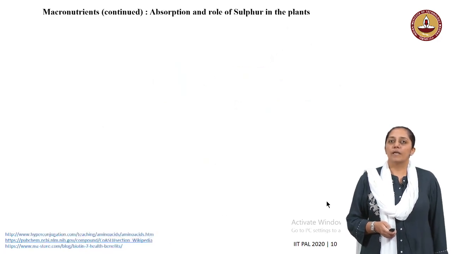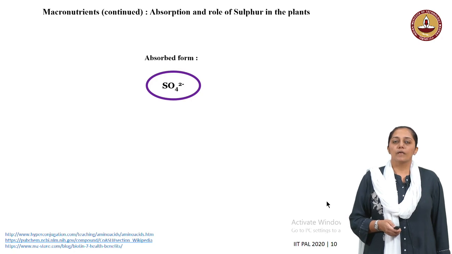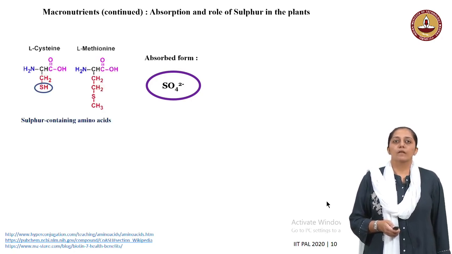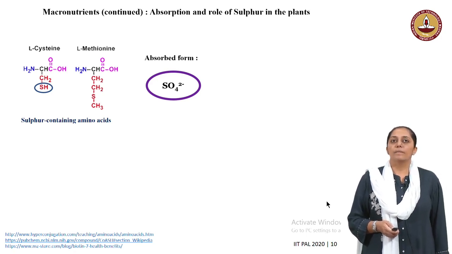Now, how is sulphur absorbed in the plants and what is the role of sulphur? Sulphur is absorbed in the form of sulphate ions. There are sulphur containing amino acids like cysteine and methionine.